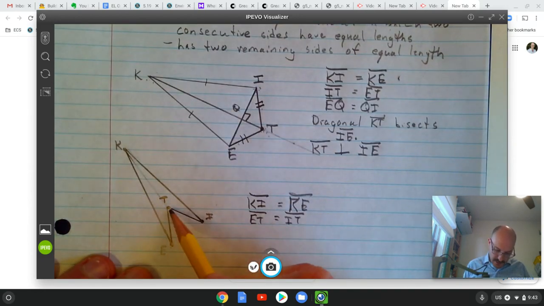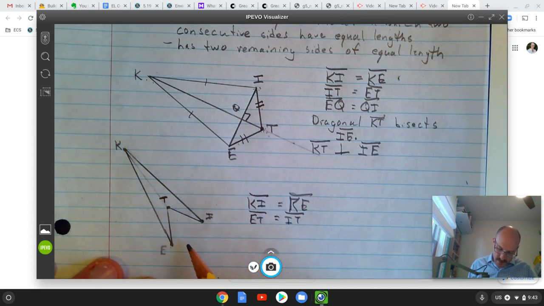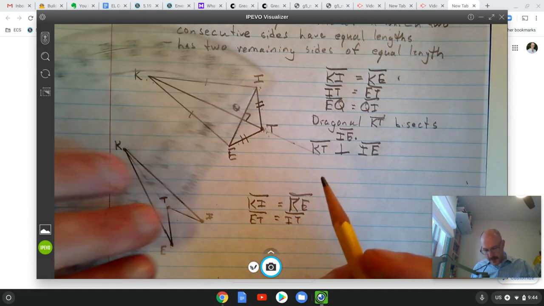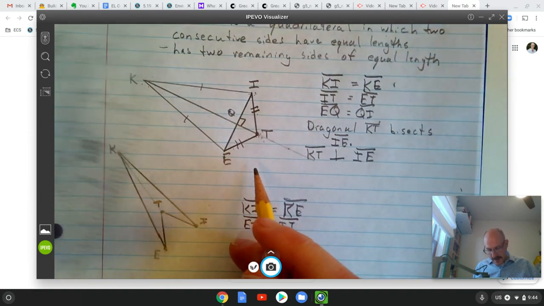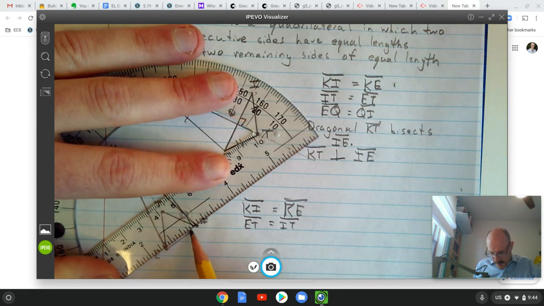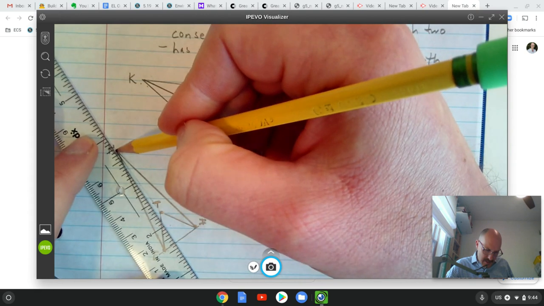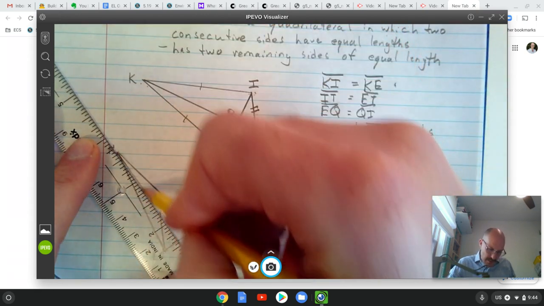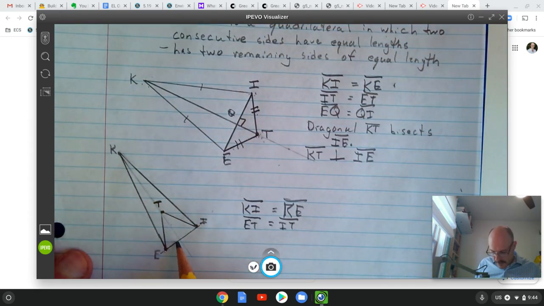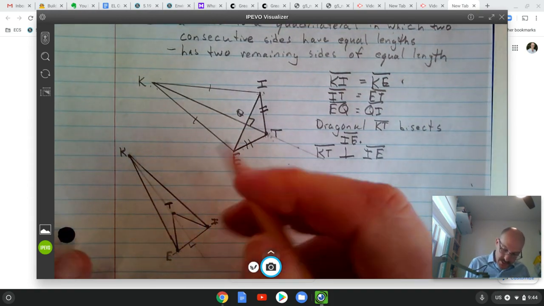Beautiful. And then if you extend it, seeing that ET is perpendicular to KT is a little bit harder, since it would have to be extended out, but you can see that it would wind up being perpendicular. Okay, so this is also a kite.